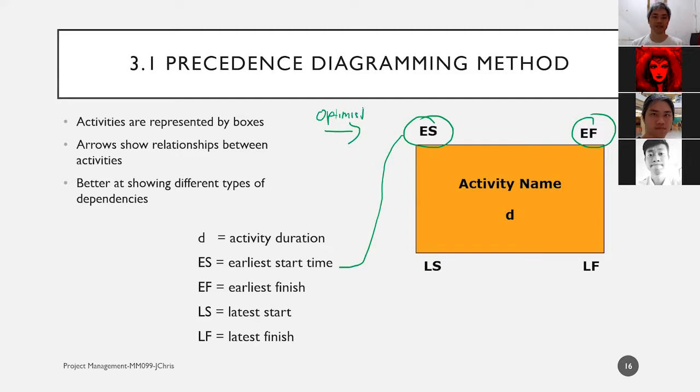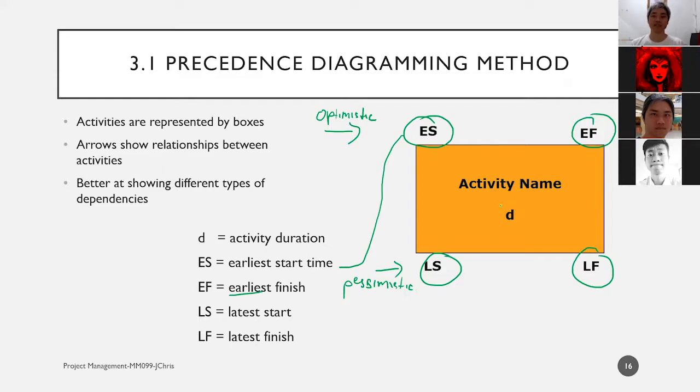Below the box, we have LS, latest start, and LF, latest finish. This is the pessimistic. Why do we have to include this? Because we're going to count the minimum time and the maximum time.